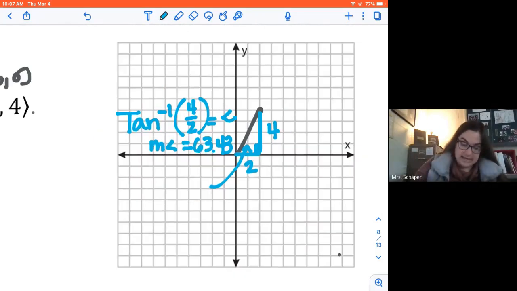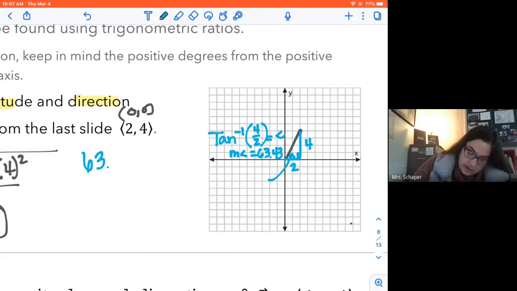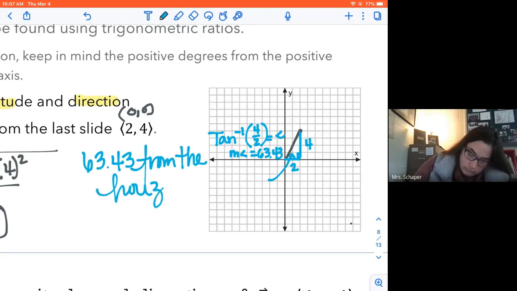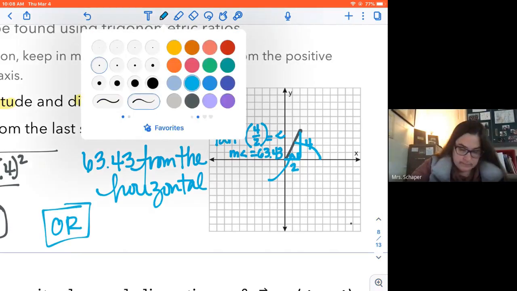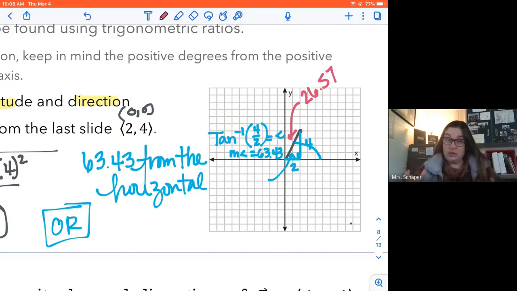We can say it's either 63.43 degrees from the horizontal, because that's how many degrees up this is, or this angle is going to be 26.57, right? Because together they equal 90.